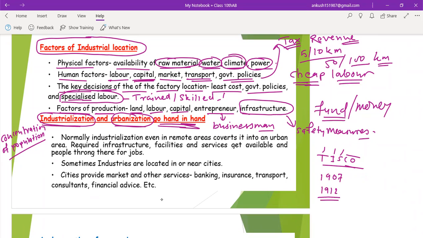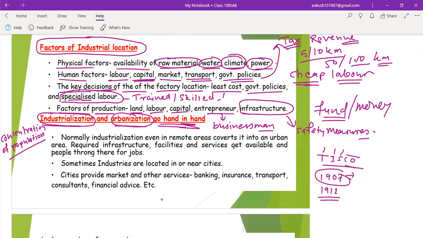When Jamshedji Tata and Dorabji Tata set up this industry, in that decade it was totally a village, with scattered houses. Those houses were not concentrated in one place, they were scattered.